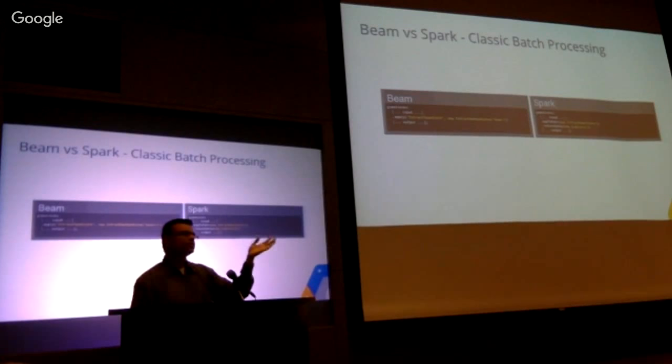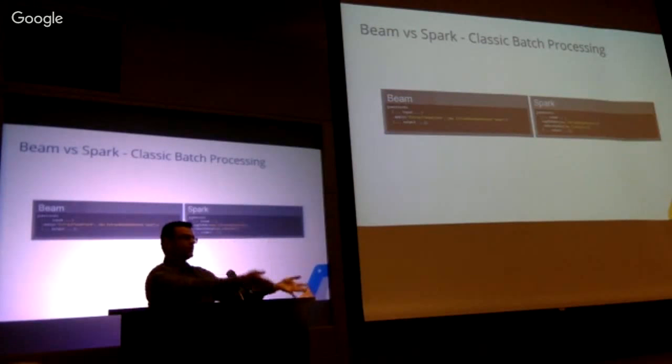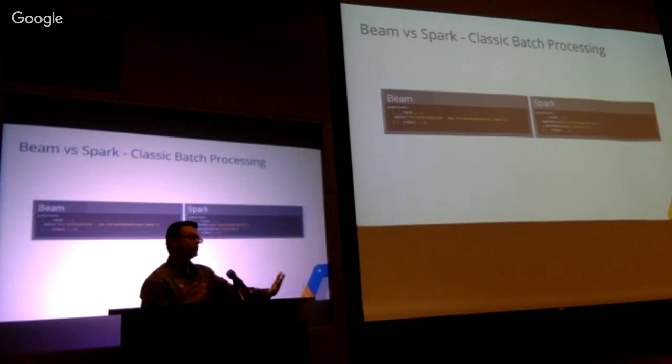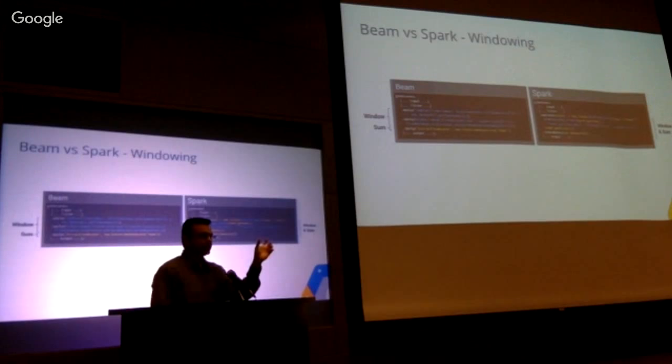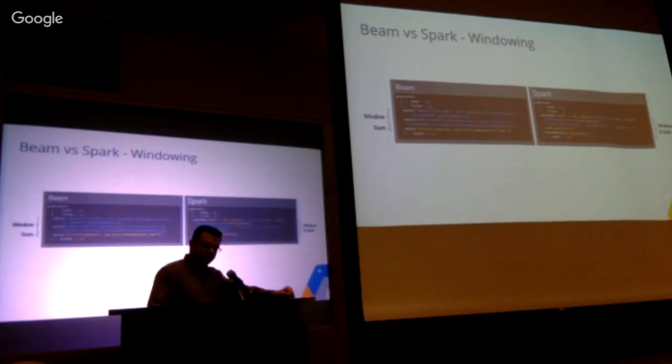But if you're doing very simple batch processing, you have your data up front and you want to process that data, then the code for Beam and Spark is going to look very similar. You read the data, you analyze it, or you map it, reduce it, you're done. Simple. If you want to do it on a per window basis, which means I just want to evaluate this for 2 hours, 1 hour, 5-minute chunk of data, code is going to look very, very similar.